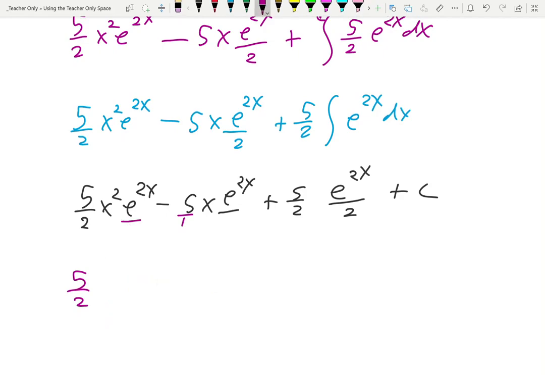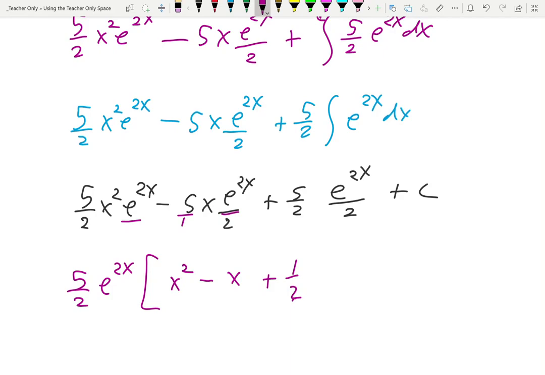We also have e to the 2x, e to the 2x, e to the 2x, don't we? So why don't we take that out too? Let's factor out e to the 2x. I accidentally erased my halves from right there. There, we'll put that back. All right, so we're going to factor out 5 halves e to the 2x, which will leave me with x squared minus, we took out the 5 halves, we took out the e to the 2x, so that'll just be x. And then I think this last one would just be 1/2.